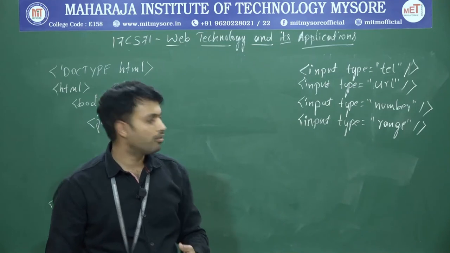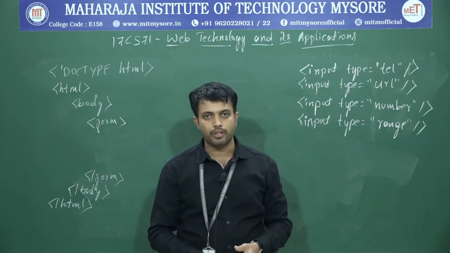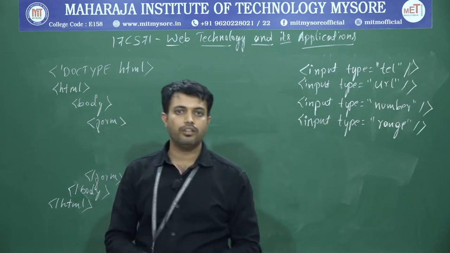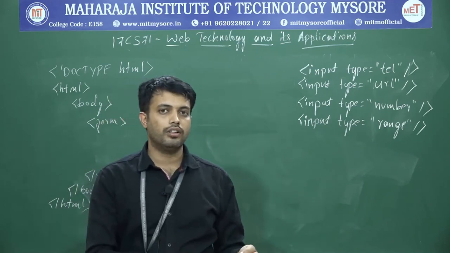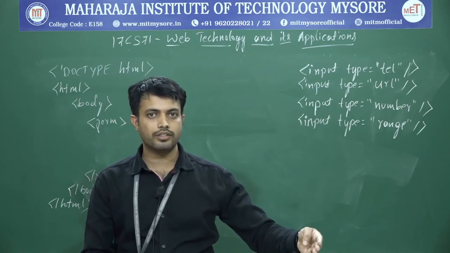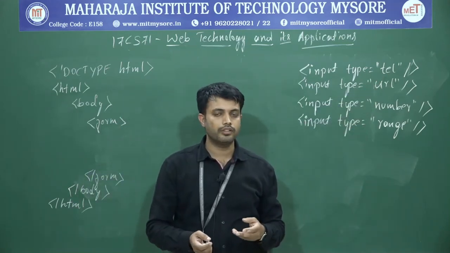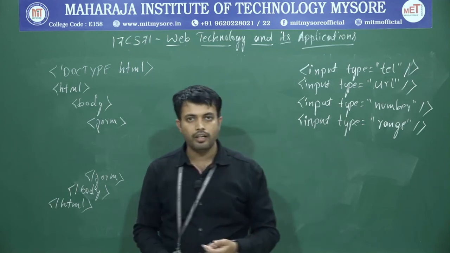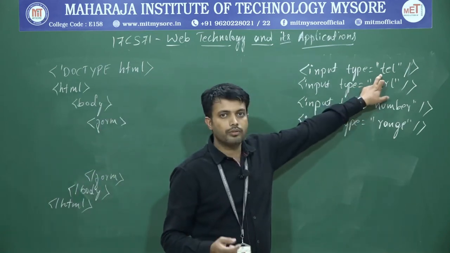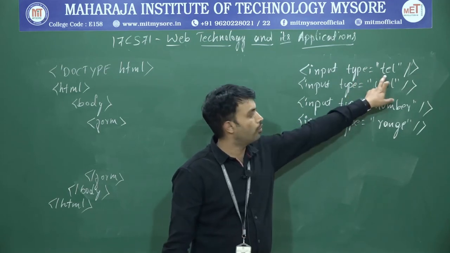Instead, HTML has already defined the standard for telephone numbers, so we can make use of type equal to tel. When the user enters a wrong number, for example more than 10 digits, it automatically validates the input data and displays an error message. So to use the code already defined within HTML, we need to use type equal to TEL.